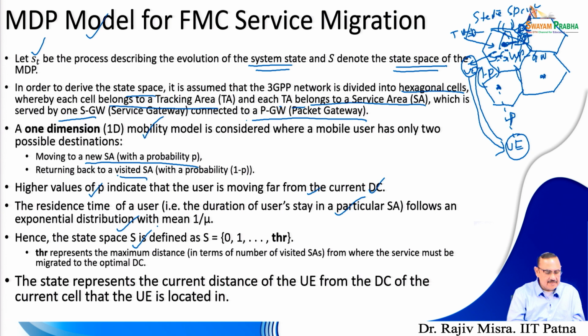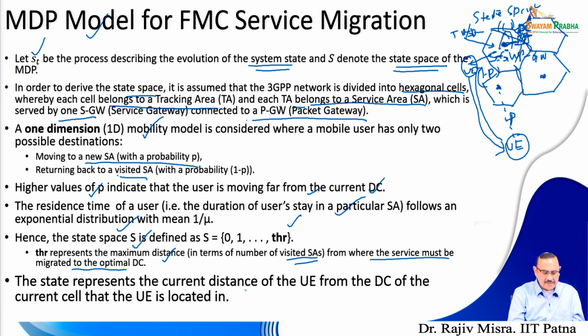Hence, the state space S is defined as 0, 1, 2 and so on up to a threshold. The threshold represents the maximum distance, in terms of number of visited service areas, from where the service must be migrated to an optimal data center.